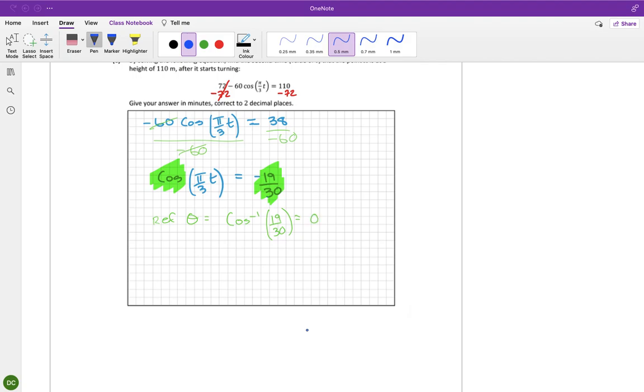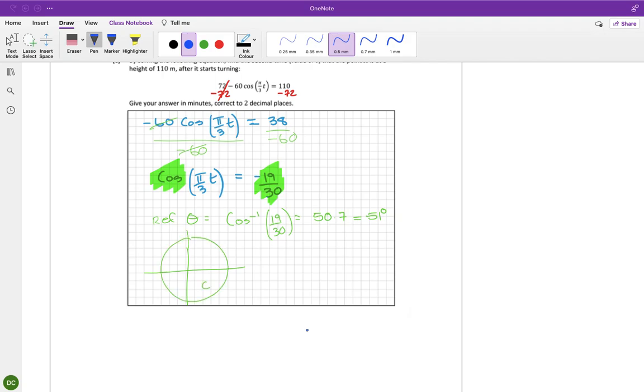Sorry, I need to put this back into degrees. So inverse cos of 19 over 30, yeah, that makes more sense, is 50.7, so I'm going to just make that 51 degrees. This is definitely the one we did in class.